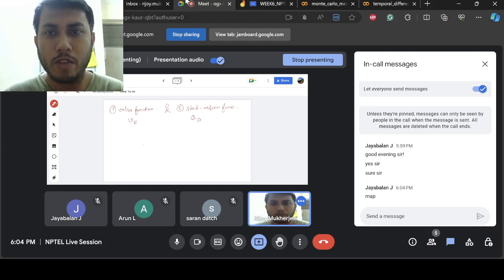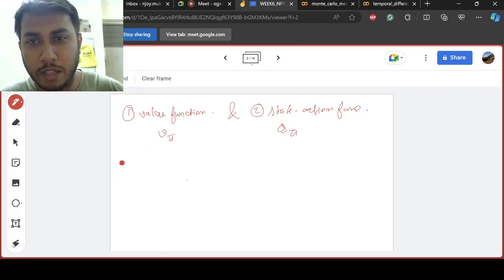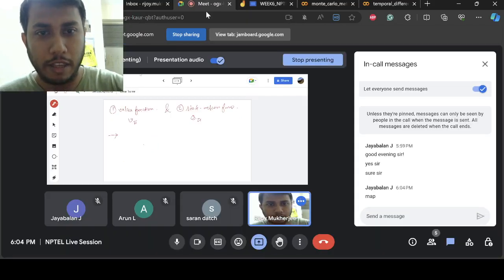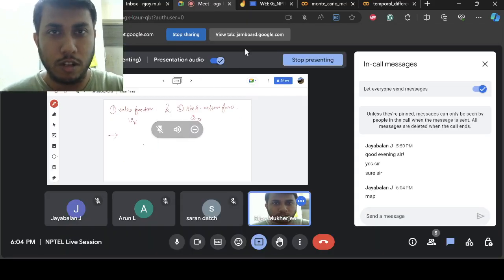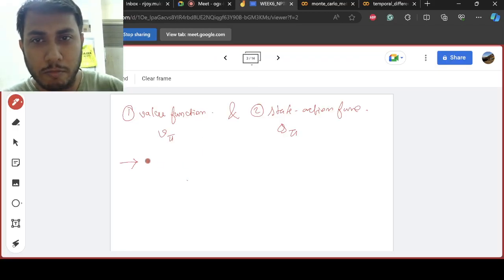Now, to solve MDP, what are the algorithms we have seen so far in our last 6 weeks? What are the problems we have solved? We found dynamic programming.